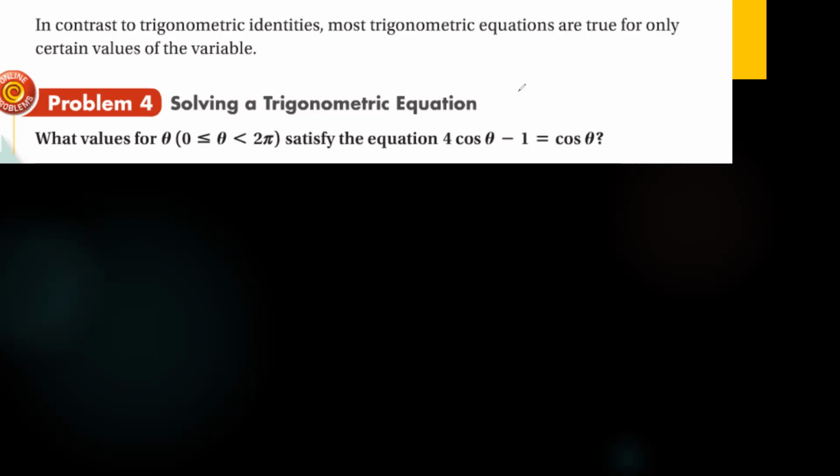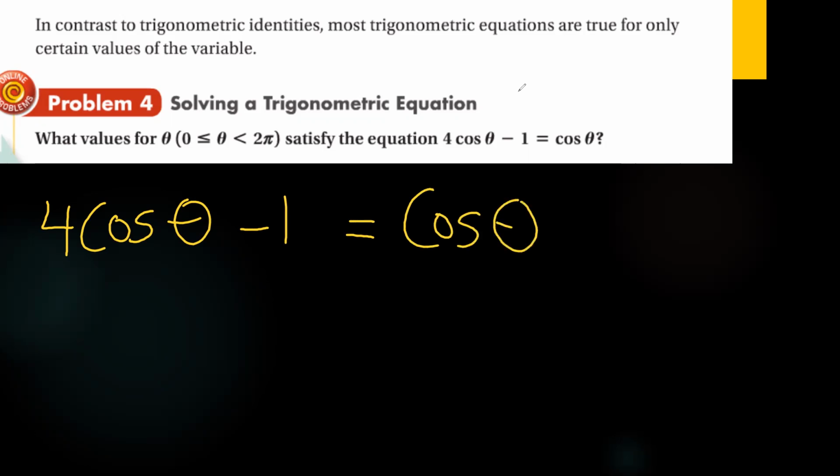Here you can think of it as an equation. We know them from grade 7 in Algebra 1. Here we have 4 cosine of theta minus 1 equals cosine of theta. Then we need to put cosine of theta on one side and the number on the other side.